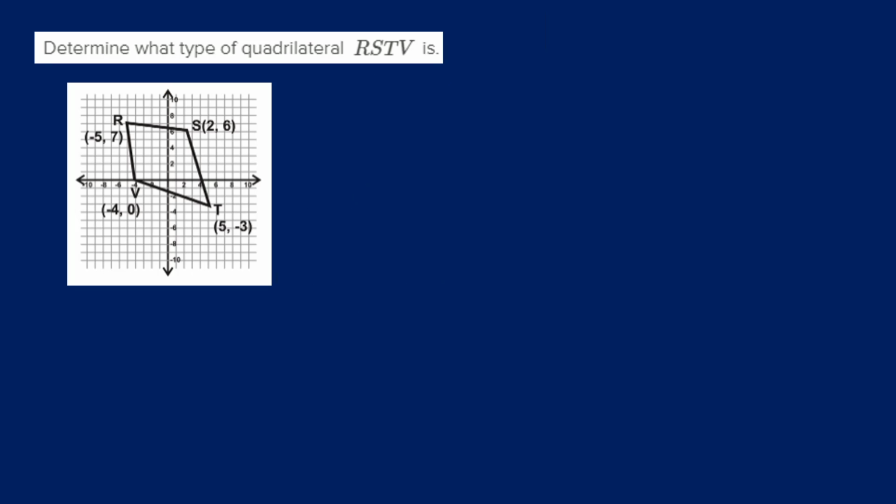Okay, another example. Looking at this one, you would say, all right, kind of looks like a kite to me. So probably the easiest thing to do would be to go ahead and find all of the distances, to check the lengths of all sides.